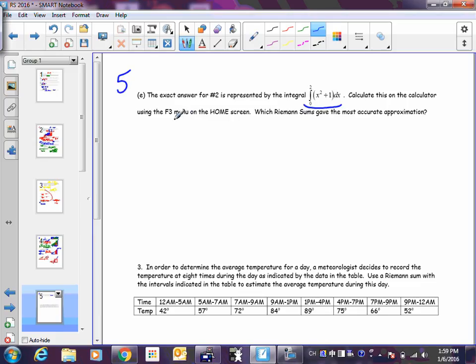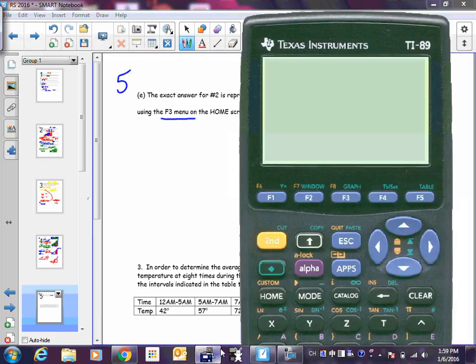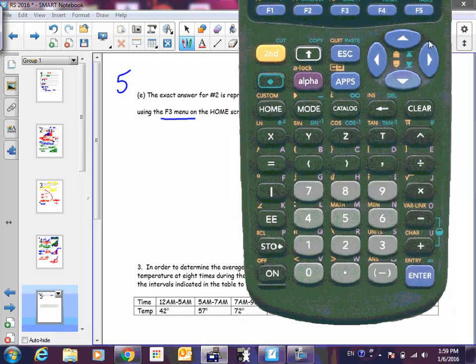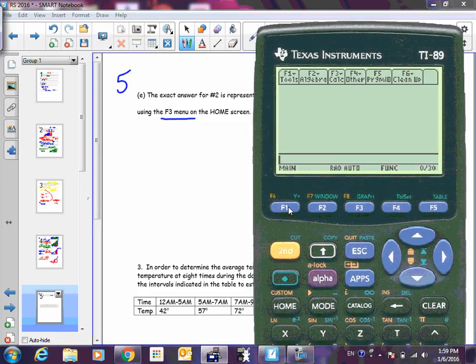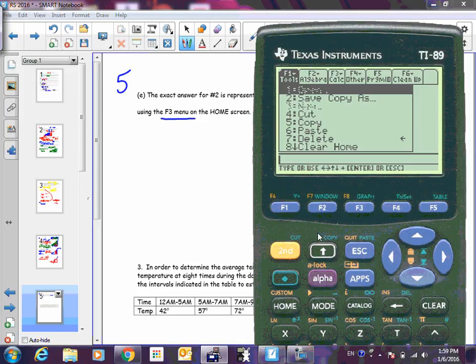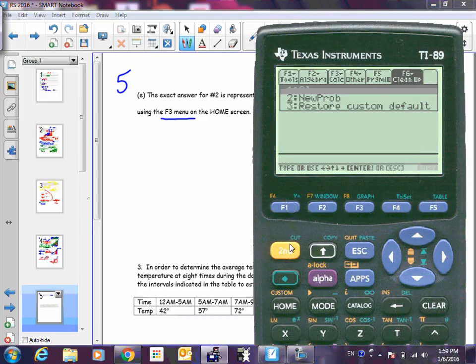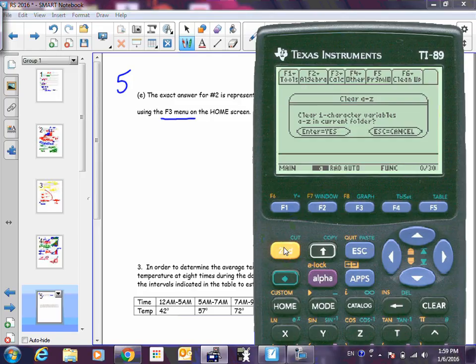So this is how your calculator will do this. So first of all, you want to go to the F3 menu on your calculator. So turn your calculator on. And if you wanted to, you could do F1, you could clear. That'll clear that. Remember, you can clear your variables by doing second F1. You may or may not want to do that.